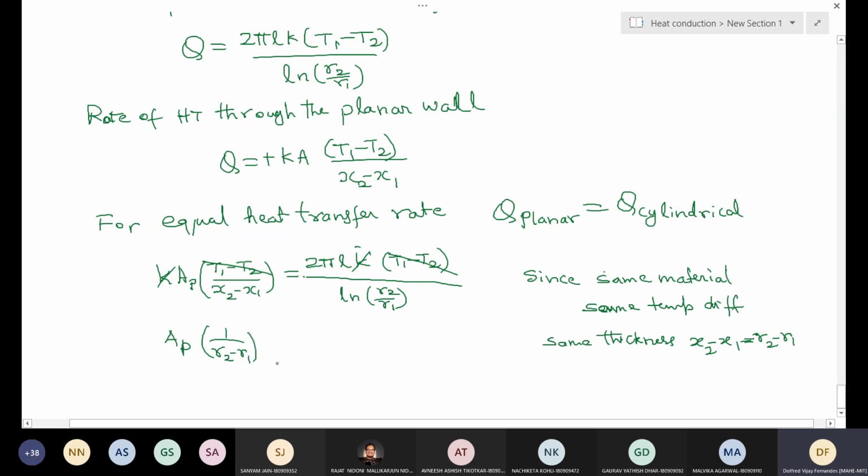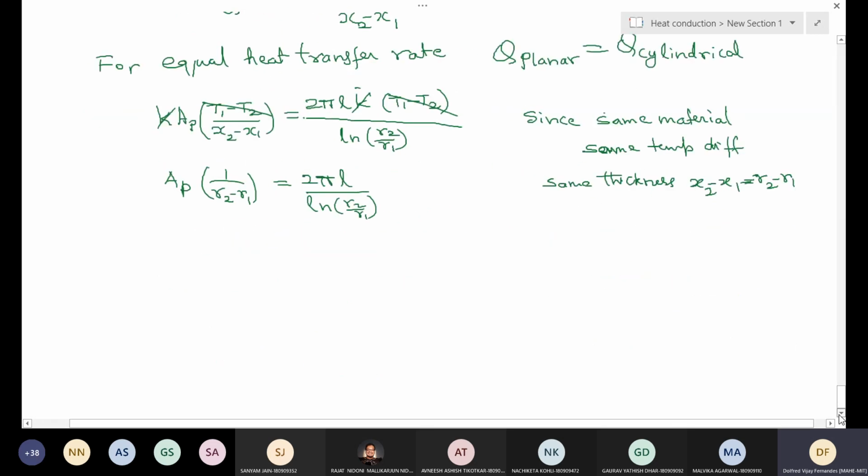Is it okay? Any problem here? Tell me. Because x2 minus x1 equal to r2 minus r1, so I removed that. So now you solve for Ap. That's the log mean area.